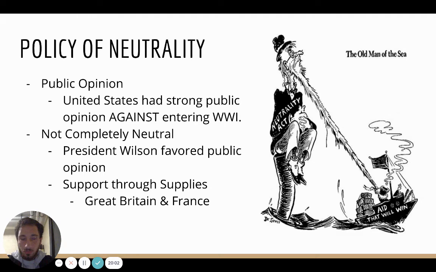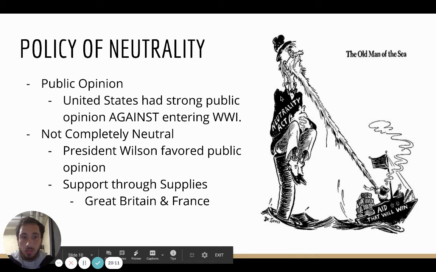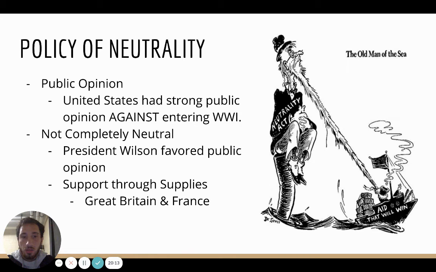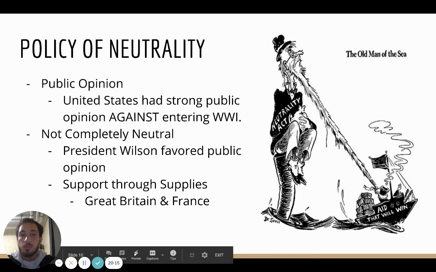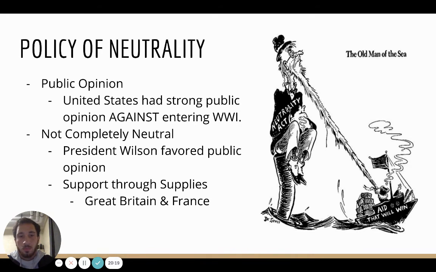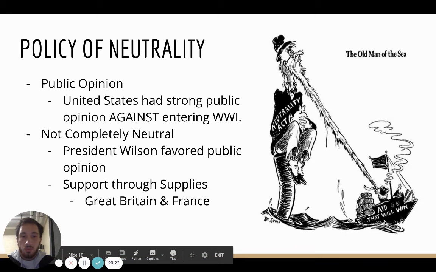However, he was not completely neutral. So what I mean by that, and you can see it in this picture that I have here, we all know Uncle Sam, right? However, the illustration is by Dr. Seuss. You can see that this says the aid that will win, right? And this is the Neutrality Act.